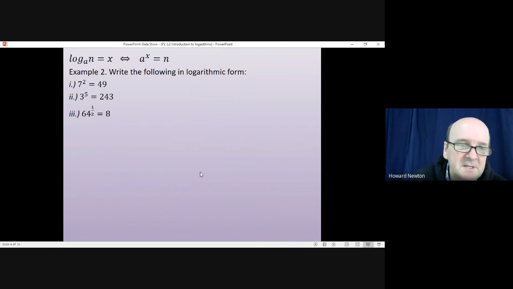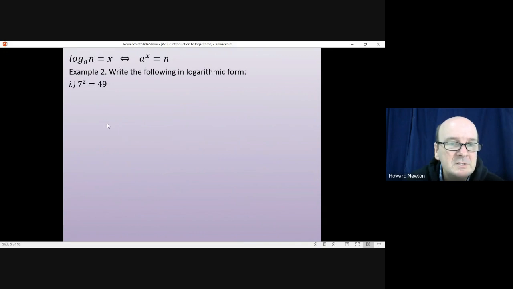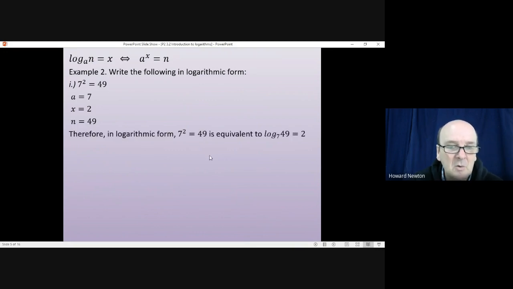Okay, let's have a look at these 3 questions. So 7 squared equals 49 is the exponential statement. In this case, a is 7, x is 2, and n is 49. Just substituting those values in on the left-hand side, we get 7 squared equals 49 is equivalent to log to the base 7 of 49 is equal to 2.